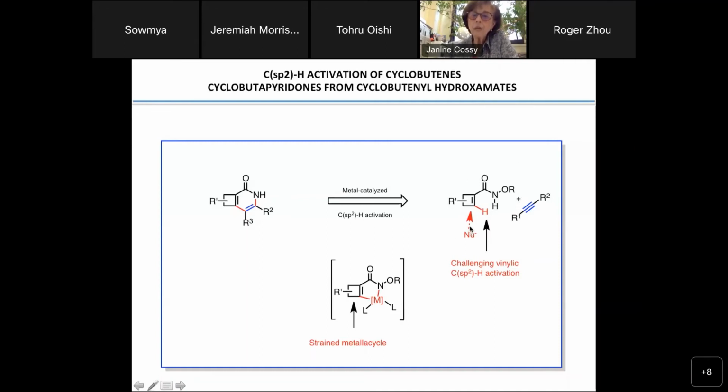So if you have a nucleophile in the reaction media, you can have a Michael addition. And if you have this transition state, you have this four-membered intermediate. So it is a strained metallocycle at first, but also the cyclobutane can open. So there were some challenges in here.